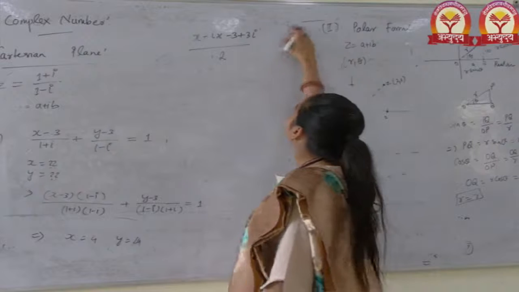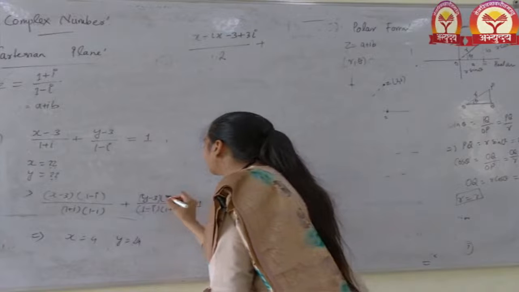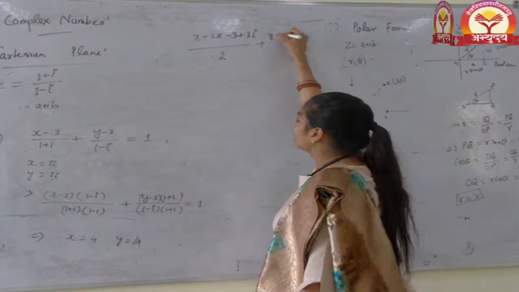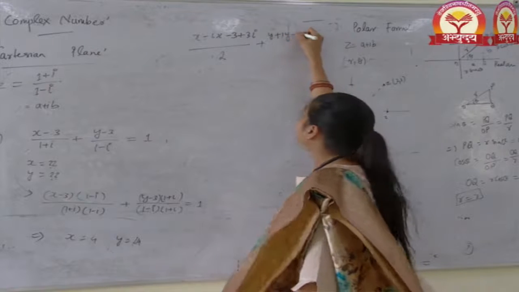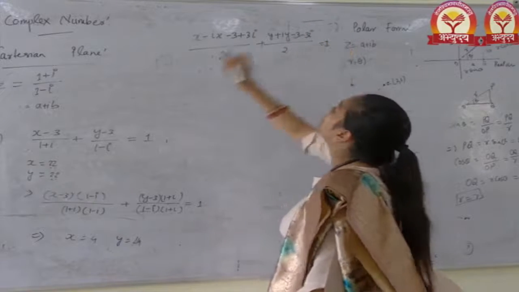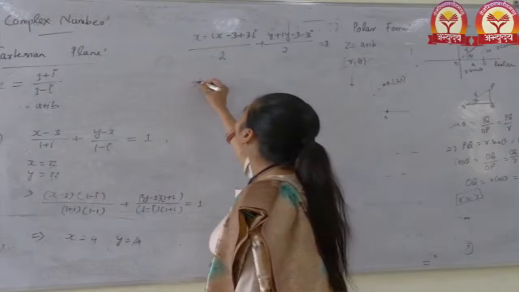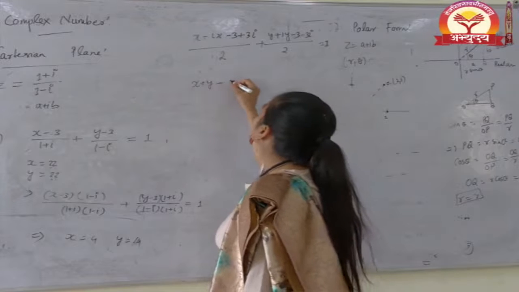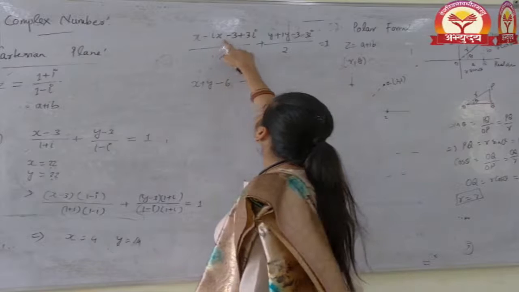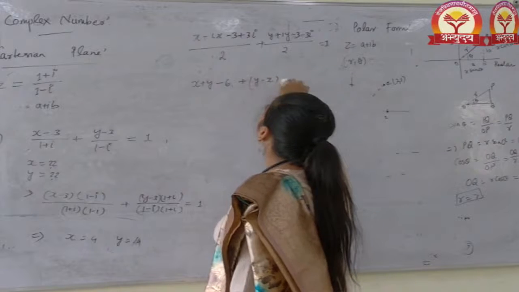And next one plus y minus 3 multiply by y minus 3 here also, 1 plus i. This one you will get y plus iy minus 3 and minus 3i upon 2, and right hand side is equal to 1. 2 बेस सेम है, मल्टीप्लाई करेंगे, रियल पार्ट इक्वेट करते हैं तो x plus y minus 6 plus only i here.